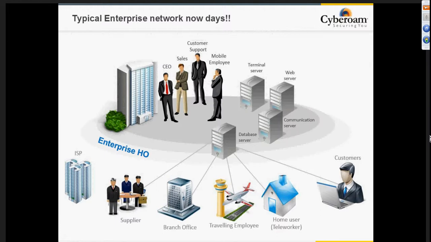There is a data center in any enterprise organization with database servers. It has a communication server which takes care of your VoIP and video conferencing related activities. There is a web server, and then there is also a terminal server.